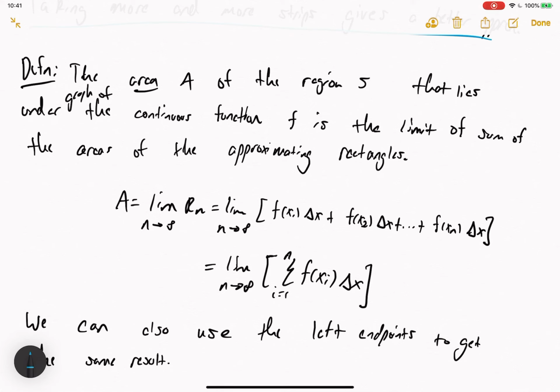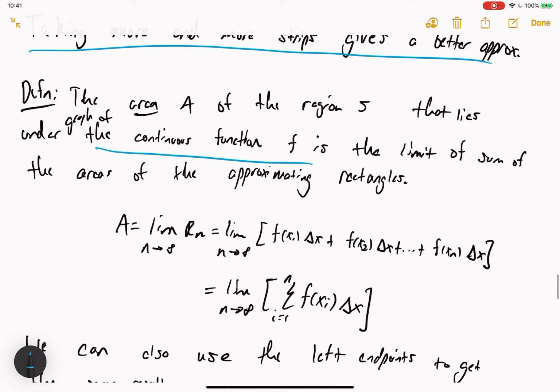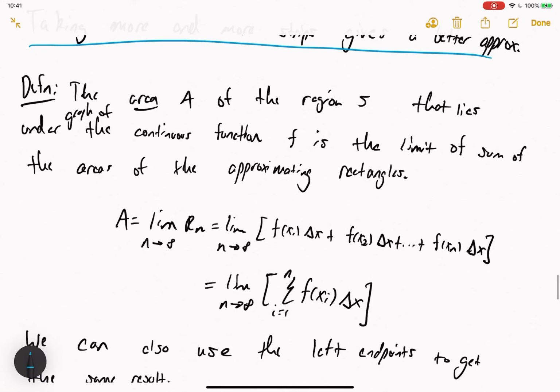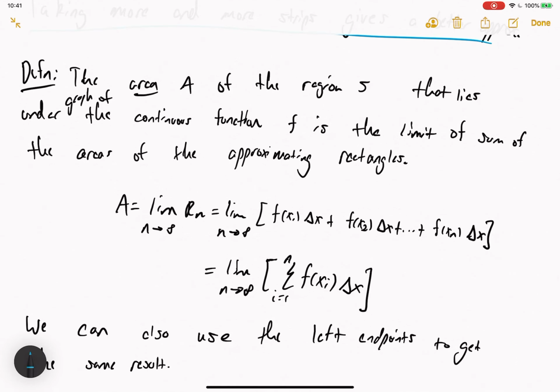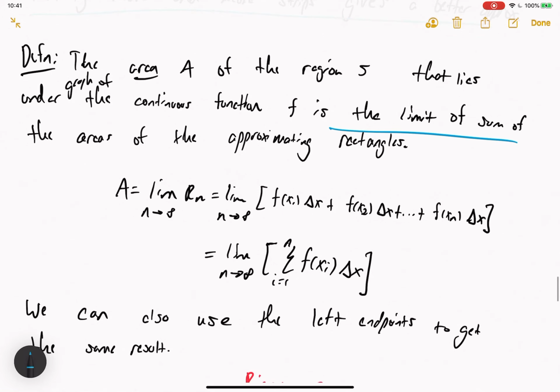So the definition: the area A of the region S that lies under the graph of the continuous function f. It doesn't necessarily need to be continuous, but continuity is a nice assumption that we're just going to make. So again, that's basically saying the area under the curve is going to be the limit of the sum of the areas of the approximating rectangles.